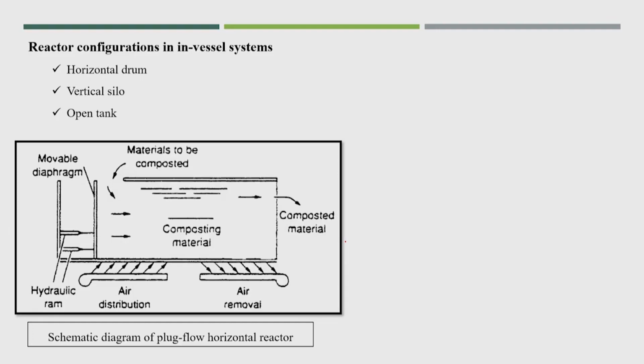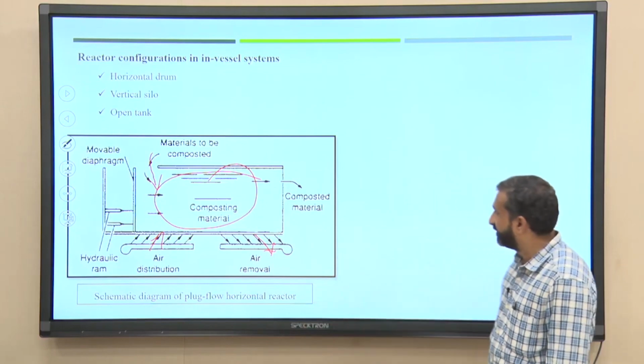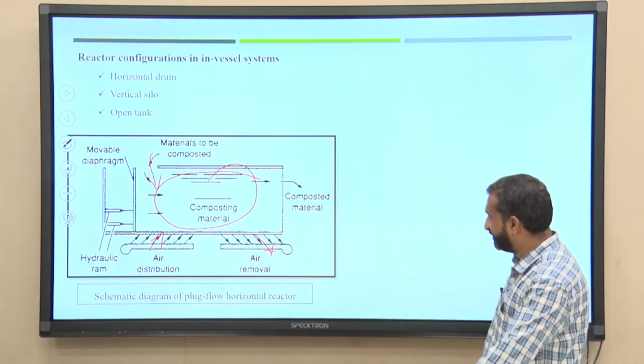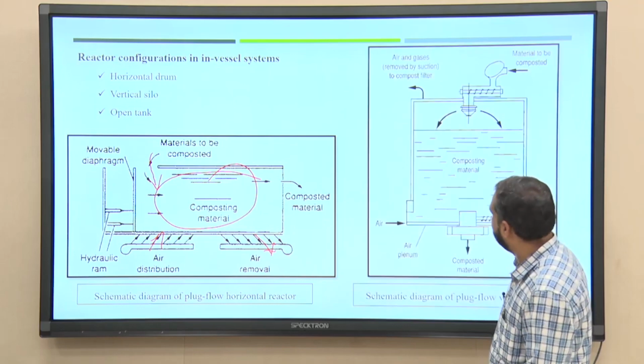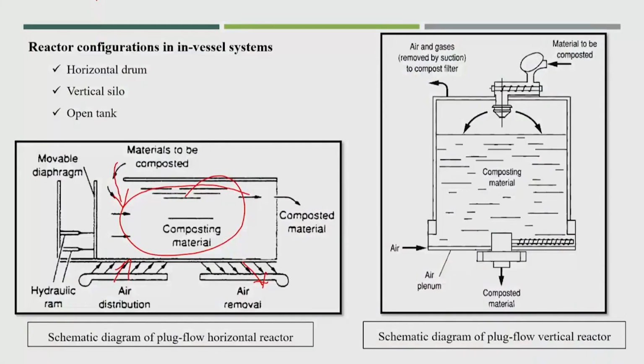The material enters from this area, this is the composter where the entire degradation takes place, and this is the air distribution. Air also comes out, and gases like carbon dioxide come up, so a collection system is available in such systems. This is the vertical silo or vertical reactor.